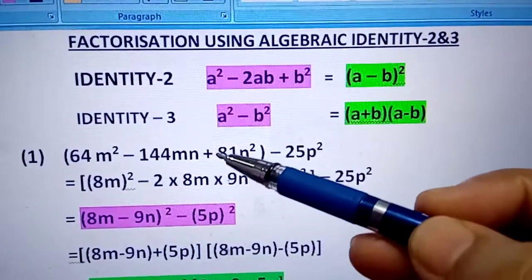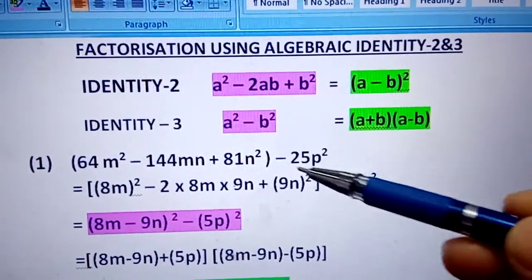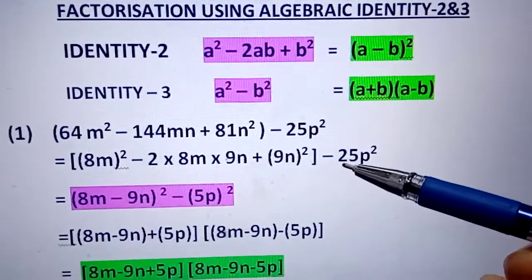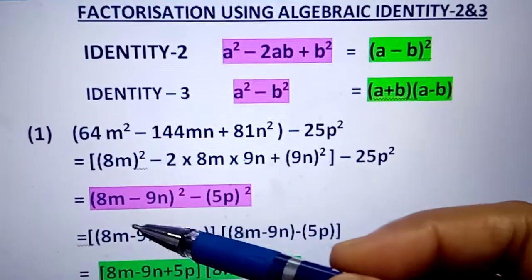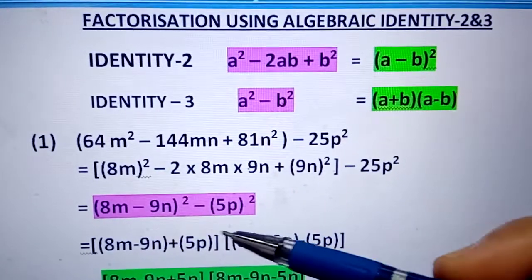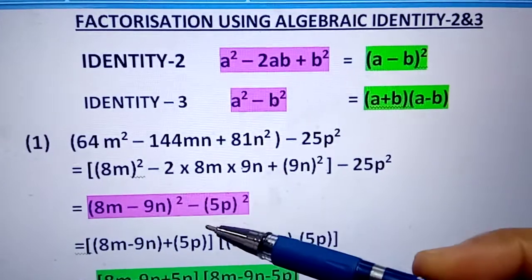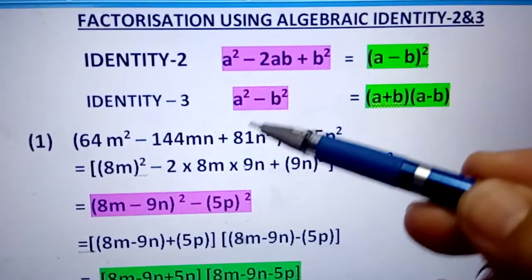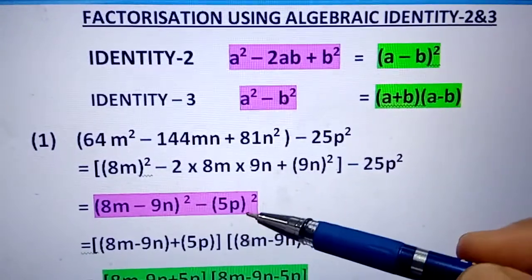After the use of identity 2, now the role of 25p square starts. 25 is also a perfect square. It can be written as (5p) whole square. Now it has taken the form of identity 3. See, this part is a square minus b square. Compare the LHS of identity 3 with this part, a square minus b square.